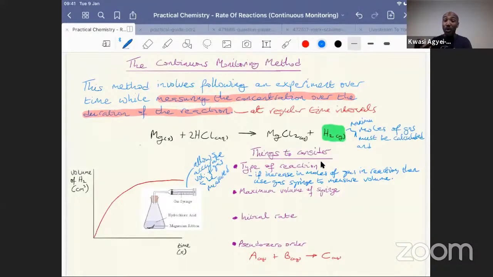So the maximum moles of gas that is going to be produced must be calculated. But of course, that allows you to then know the maximum volume that would be produced.